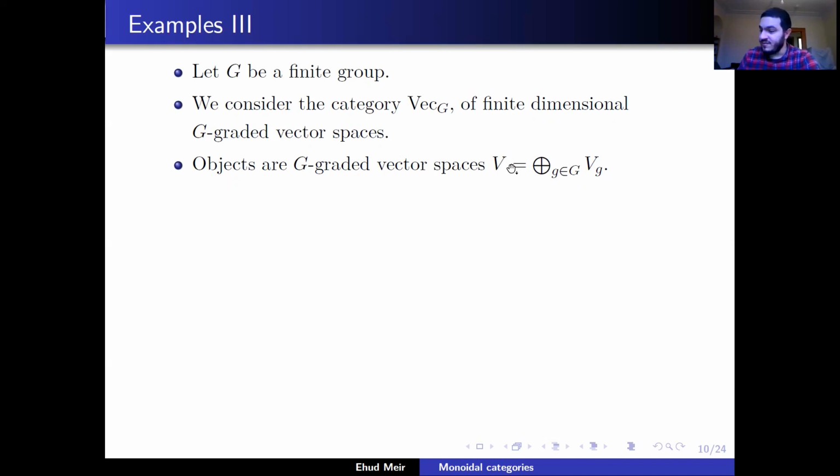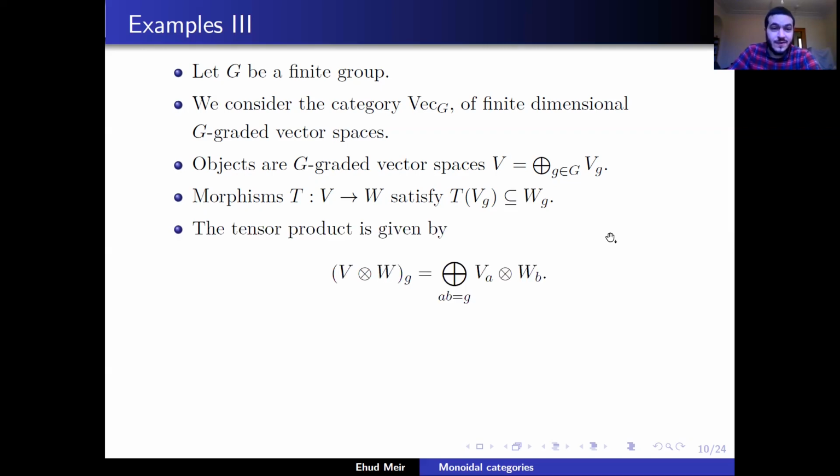So these are all V that I can write as the direct sum of V_g, where g is in G. In other words, every element you can split into g-homogeneous components. The morphisms are just linear maps from V to W that take the g-homogeneous component in V to the g-homogeneous component in W.